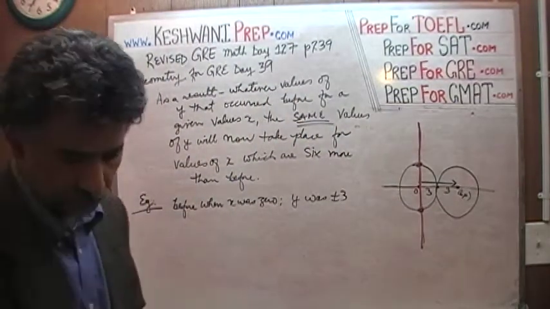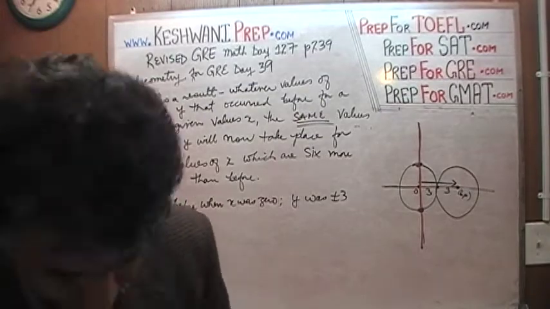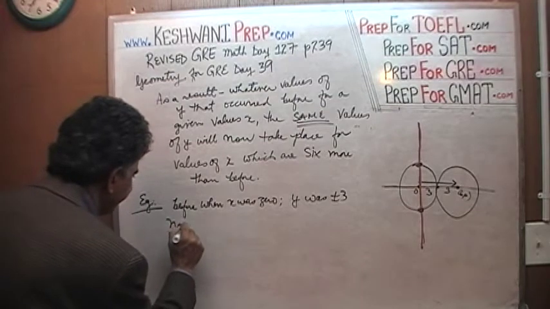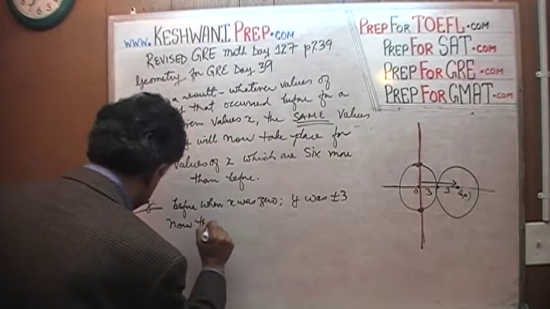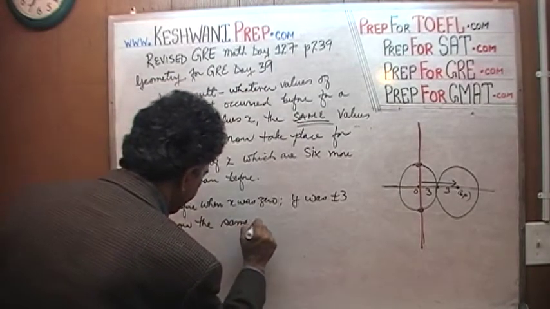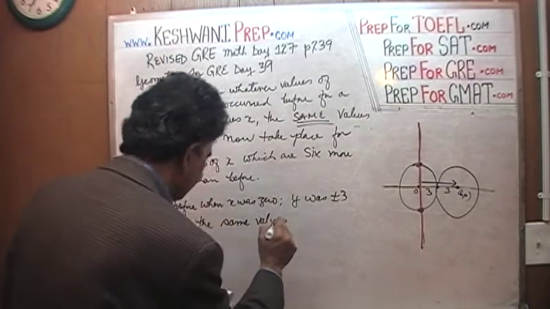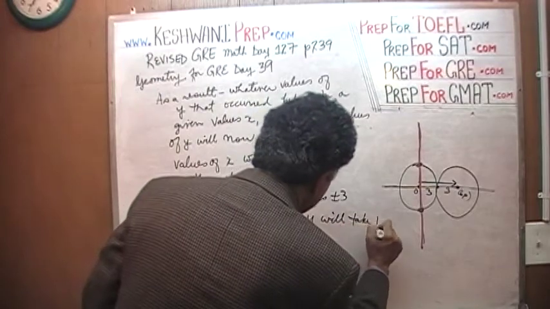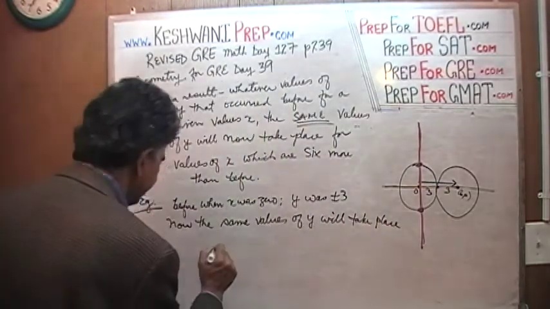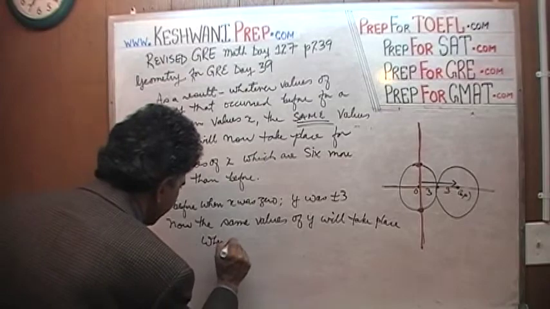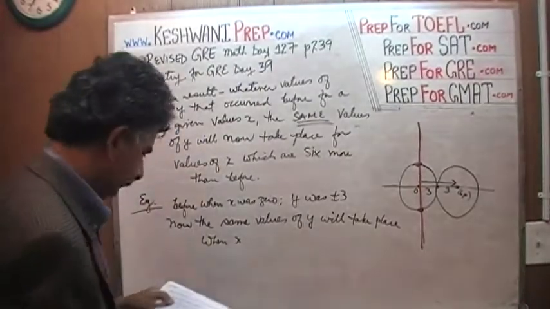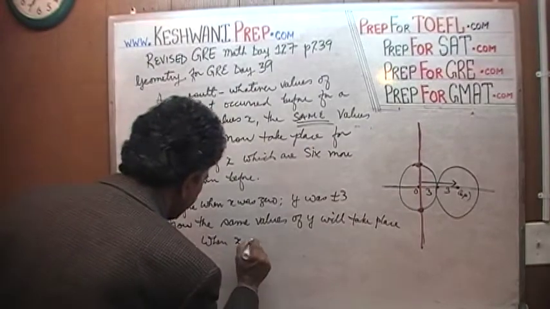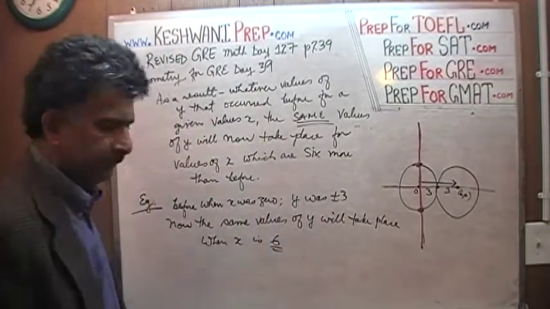Now the same values of y will take place when x is 6, right here.